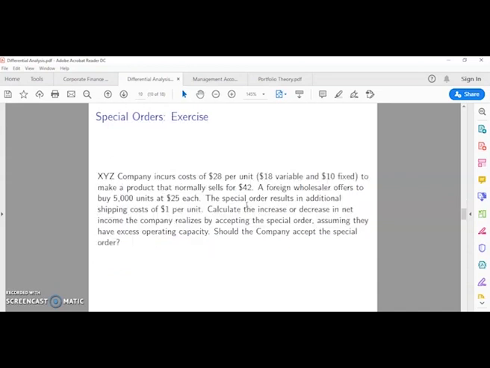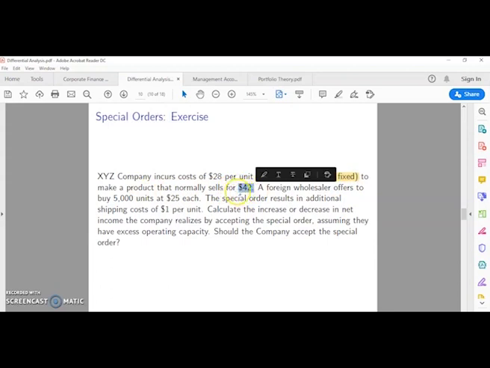Okay. Let's have another exercise for special orders before we move on to the next item that we have. In this question, XYZ company incurs costs of $28 per unit, $18 variable, and $10 fixed cost to make a product that normally sells for $42.